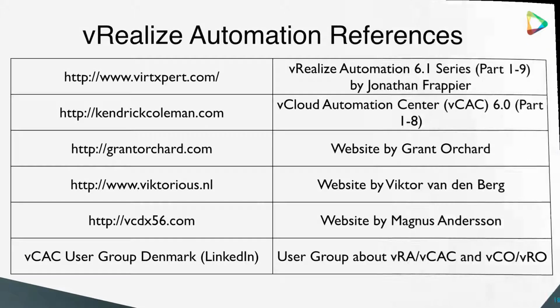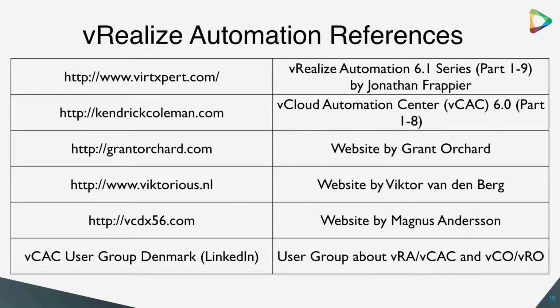So we have, again, some resources where you can pick up more knowledge about this product. A lot of blog posts from different bloggers around. We have, again, the VCAC user group, which will be providing information and teaching on how to do stuff in the vRealize Automation product, alongside the Orchestrator product as well, because, as I said, these two are very linked.